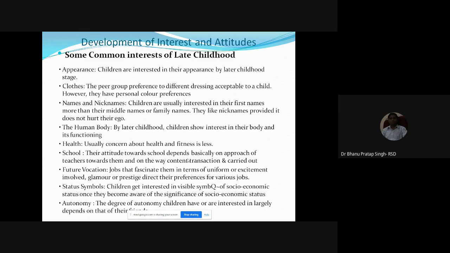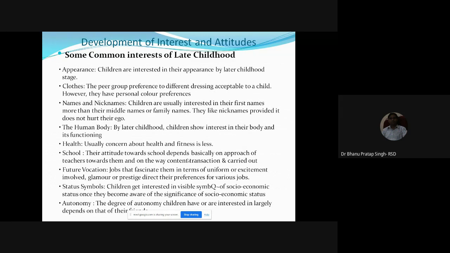Status symbols: children get interested in visible symbols of socio-economic status, by dressing sense, by appearance.